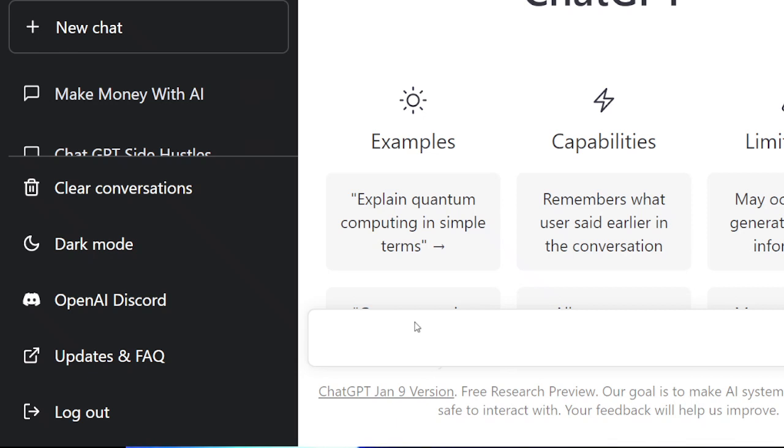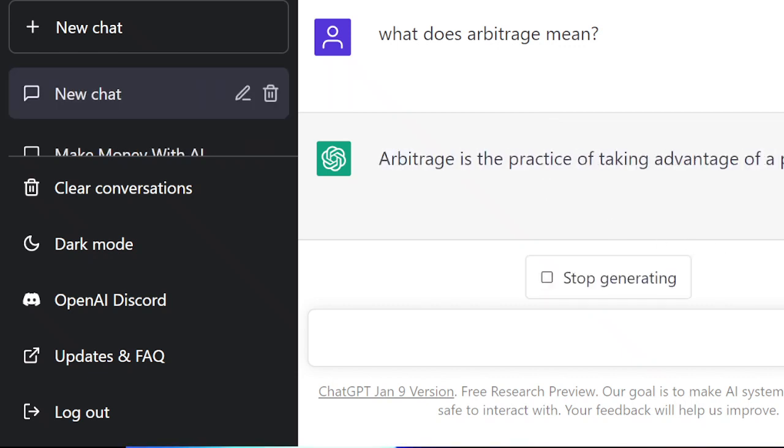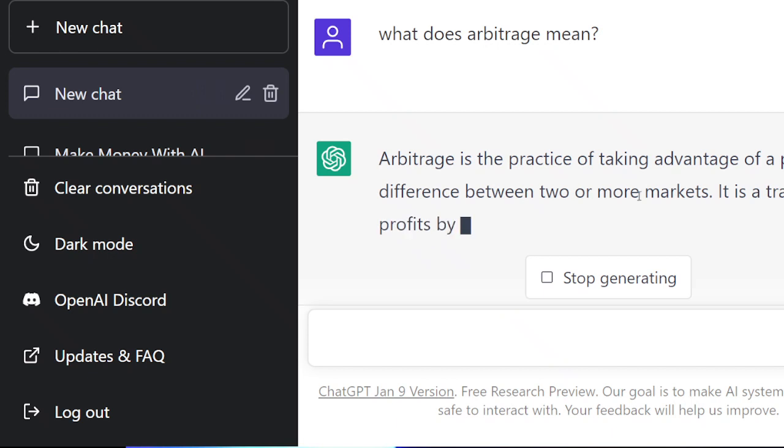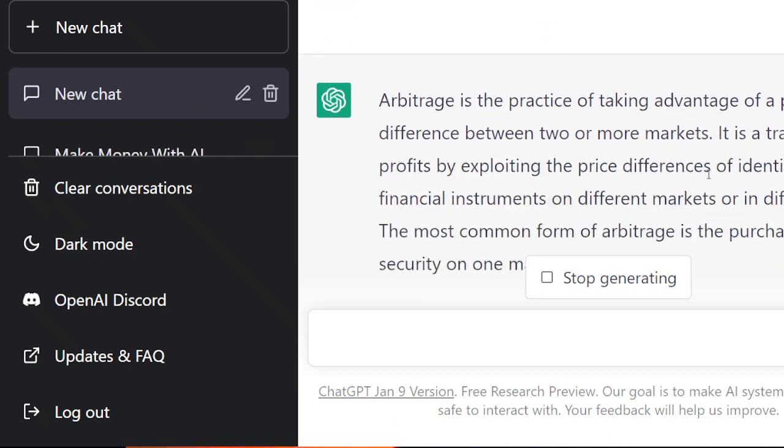If you're not familiar with what arbitrage means, of course, we go to ChatGPT to get all answers. What does arbitrage mean? Can you explain? ChatGPT will explain for us. Once you understand what arbitrage is, it tells us that arbitrage is the practice of taking advantage of a price difference between two or more markets.